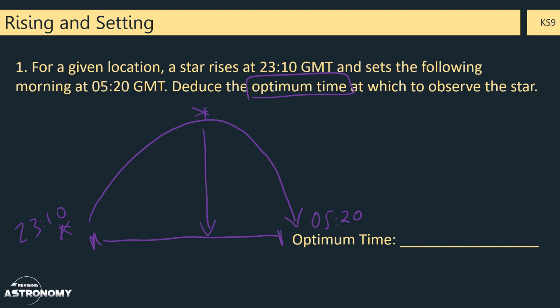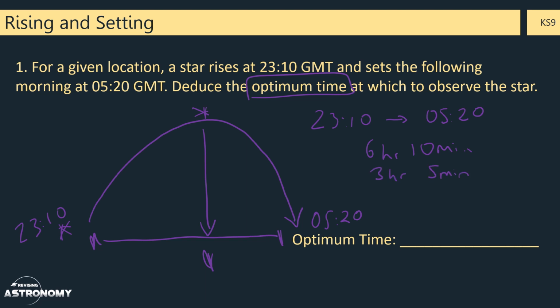So ultimately this question is asking us to find the midpoint between 23:10 and 5:20 in the morning. Between 11:10 at night and 5:20 in the morning, there are 6 hours and 10 minutes. We want to find the halfway point, so we only want half of that. That will be 3 hours and 5 minutes.